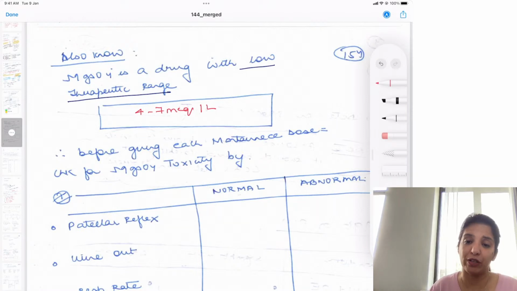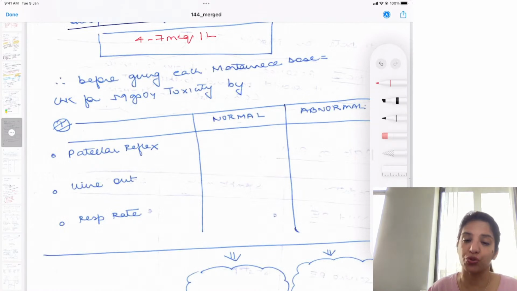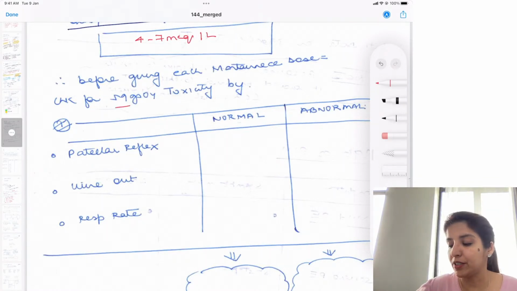She will continue to throw convulsions और जैसे ही 7 से ऊपर पहुंच जाएगा she will show me signs of toxicity. So very very narrow therapeutic range. 4 से कम है मैग्नीशियम तो पेशेंट का कन्वल्जन नहीं कंट्रोल होगा. 7 से बढ़ गया तो पेशेंट में टॉक्सिसिटी होनी शुरू हो जाएगी. राइट? So that is why before giving each maintenance dose, you have to check for magnesium sulfate toxicity.